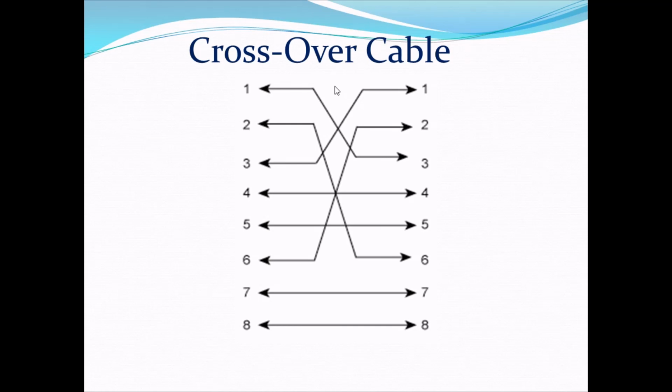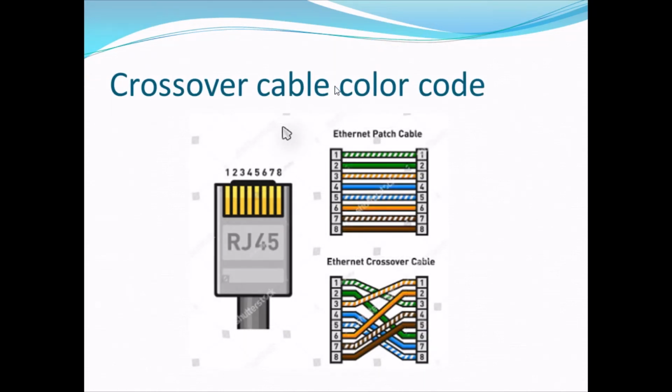However, nowadays the latest laptops are able to accept a straight through cable also, because they have enhanced the chipsets in the RJ45 jack. So if you use a straight through cable, we are able to transfer data from laptop to laptop as well. I'm going to explain with a demonstration to understand.